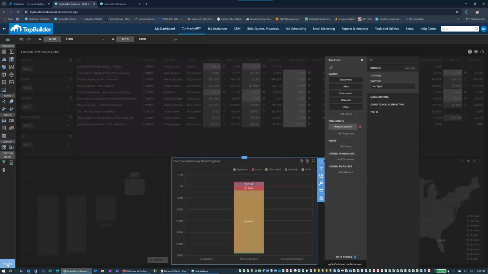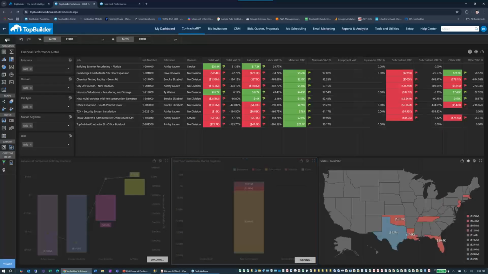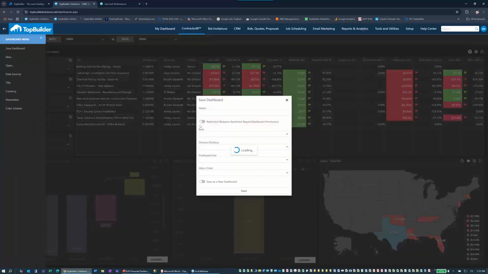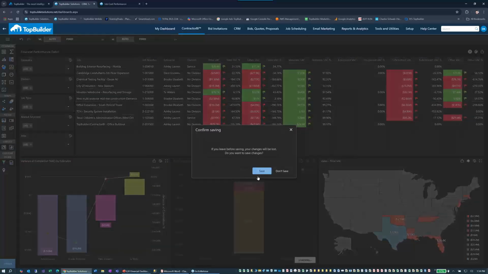Okay. I'm going to save it. Hold on. You know what I'm going to do? I want to show you guys when you save it, you can target this dashboard to a particular role. It's still loading, so give me a second. A particular role, particular division, particular user, and you can make it restricted. All right. So that's what we can do here. I'm going to go ahead and save it.